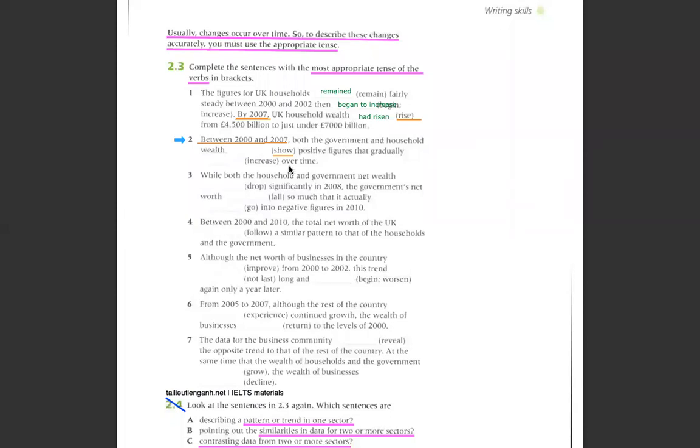Okay, anyone else? Remember what we used for this one if you're not sure? Don't get confused now. This is just a normal past simple. So if we use between the 2 years in the past, so past simple. Okay, what about the next word, increase?